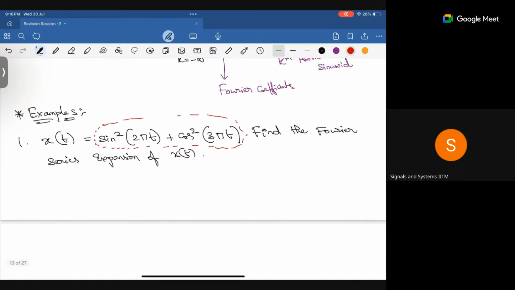For that, we should know how to write sine square theta and cos square theta. Do we know any formulas for this?